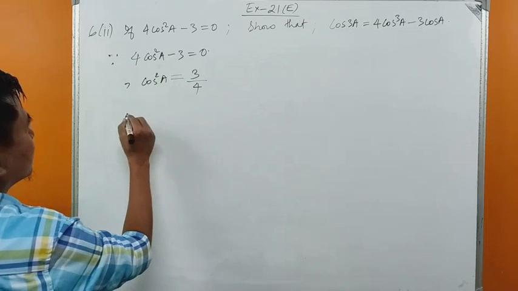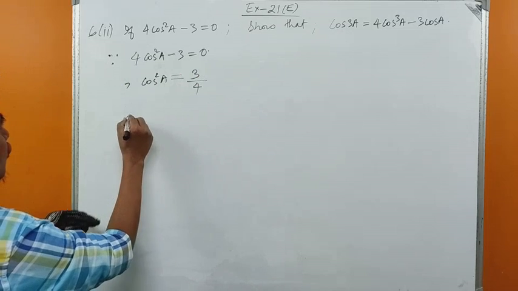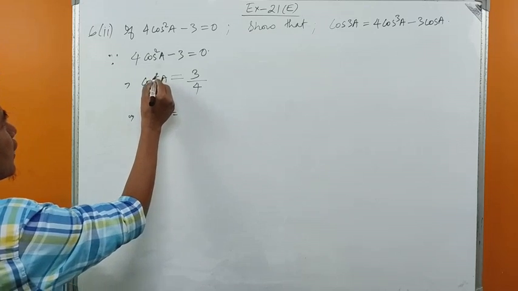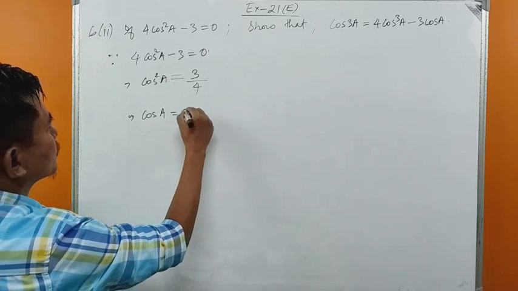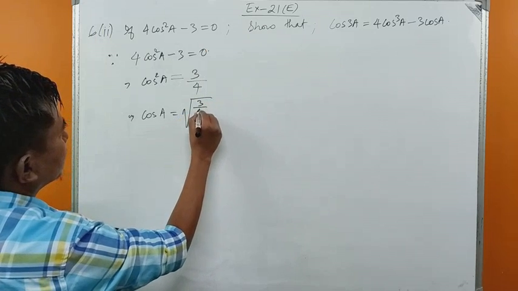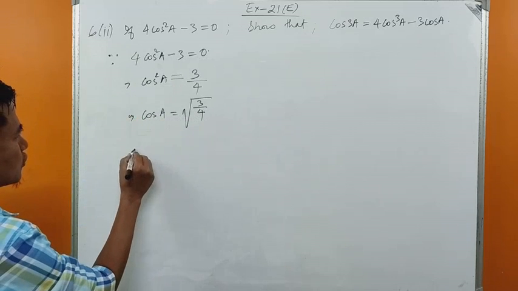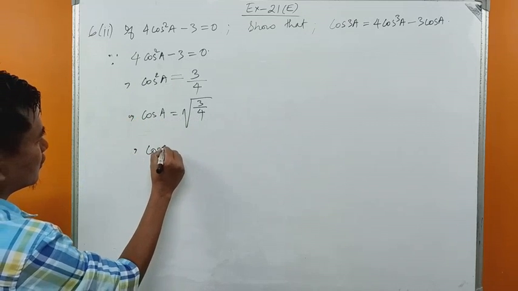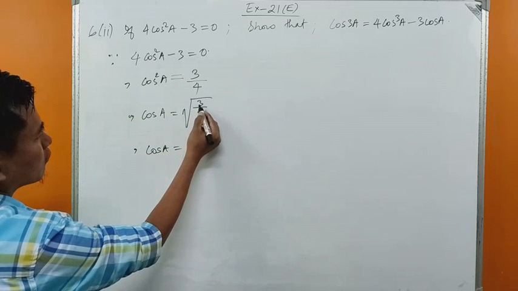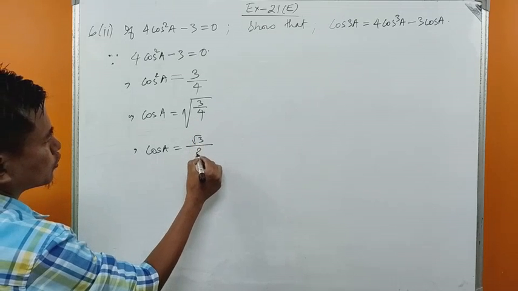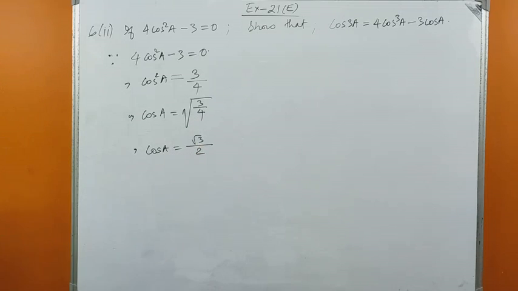Now, or cos A equals to, this square, when you take to the right hand side, becomes square root of 3 upon 4. This square becomes square root. So cos A equals to square root of 3 is root 3, and square root of 4 is 2, so root 3 by 2, isn't it?